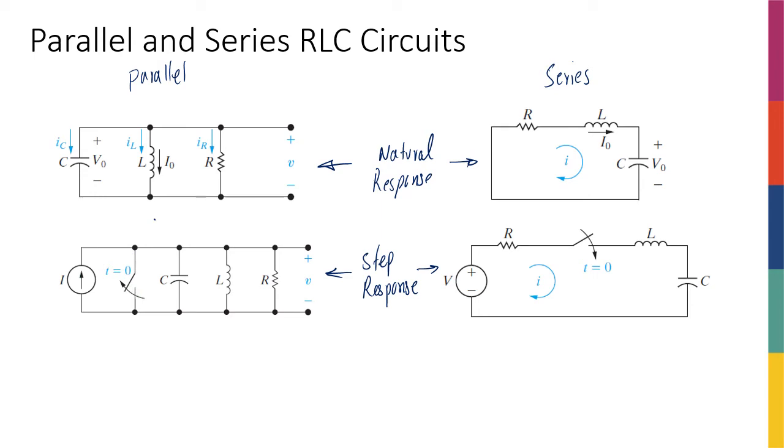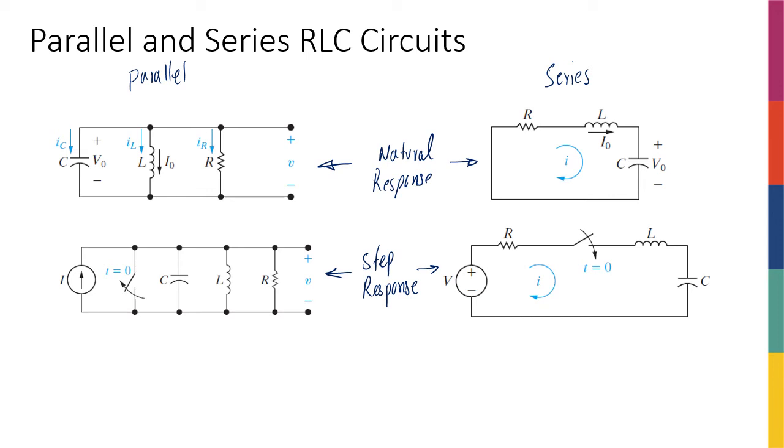But the moment I open the switch, this branch is out of the picture. So I have a current source connected to the rest of my circuit. That's why it is a step response. After the switch is opened, after t equal to 0, I have a current source connected to the rest of my circuit. Therefore, it is a step response.